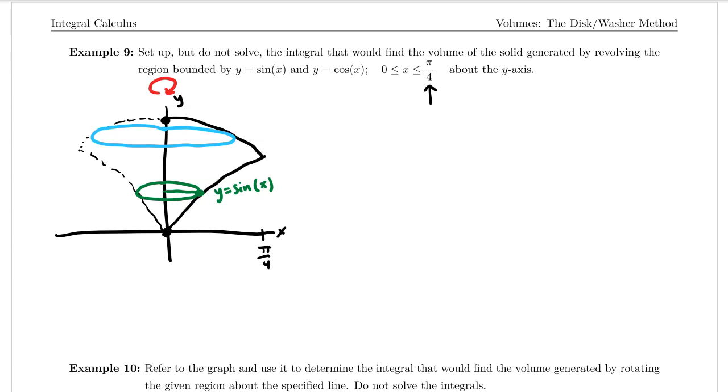Ask yourself, are we going to be integrating with respect to x or with respect to y? If you said with respect to y, you'd be correct because we're stacking our disks vertically on top of each other, and so the change is happening in y. So let's talk about the radius of the green disk.